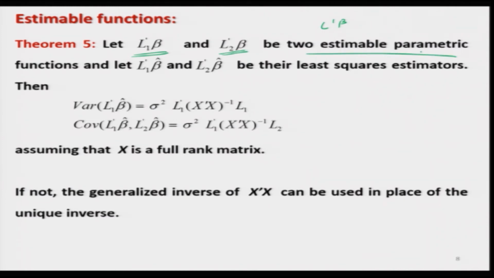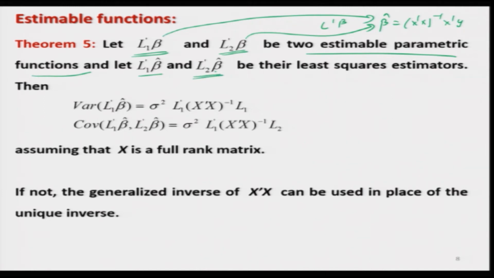Suppose beta is estimated by the ordinary least square estimator, X transpose X whole inverse X transpose y, and you replace beta by beta hat. Then L1 transpose beta hat and L2 transpose beta hat estimate L1 transpose beta and L2 transpose beta respectively, and they are their least square estimators.